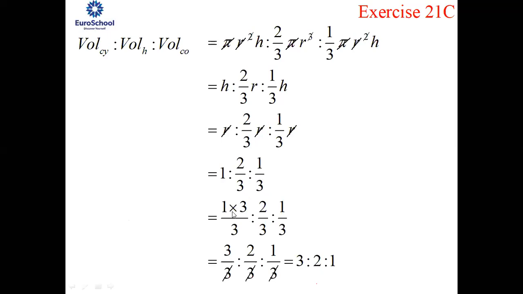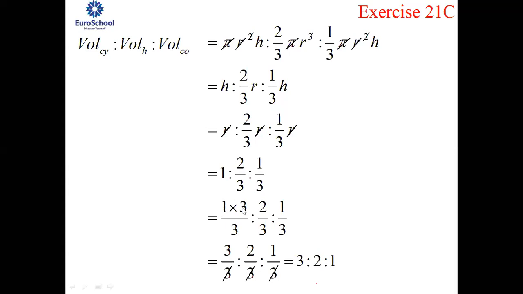So how do you bring that 3 in the first term? We cannot just put a 3 in the denominator, which is completely wrong. But what we can do is multiply and divide by 3, so that no changes will be made to this number.